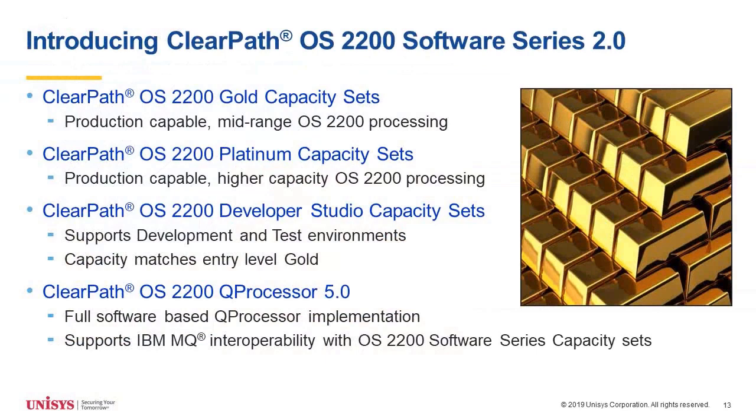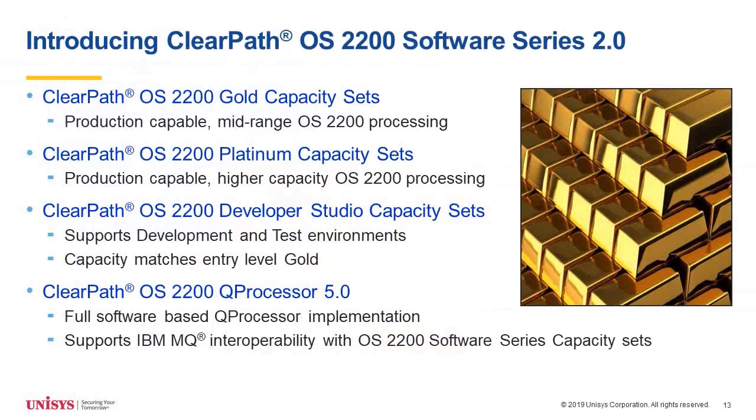We have the ClearPath OS 2200 Platinum solution, which again is production ready, but has a higher performance, higher capacity processing environment, more in sync with the Dorado 6000 or Dorado 860 class systems.